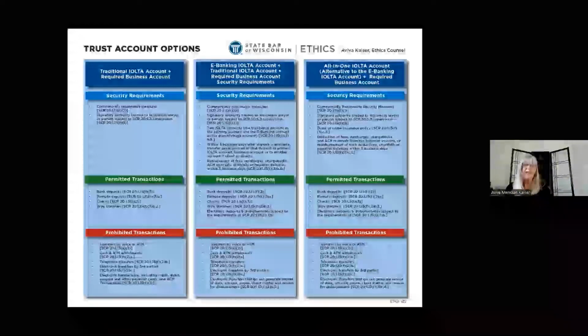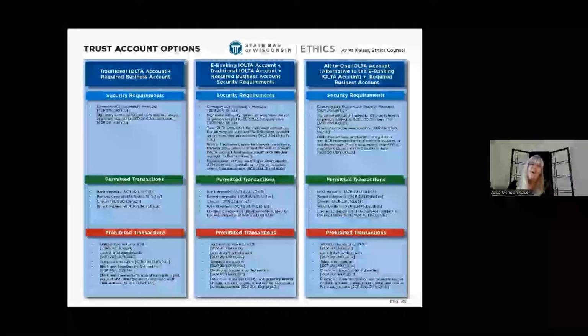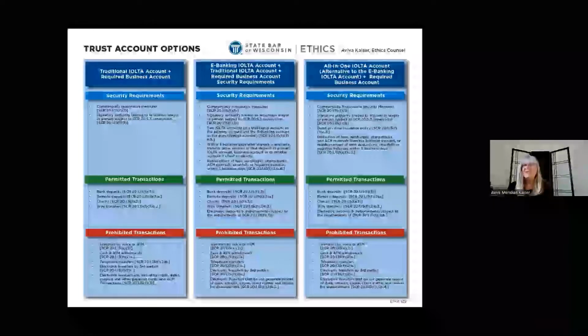They can choose the e-banking trust account, or they can choose the all-in-one or the alternative to the e-banking trust account. What this chart does is help the lawyer compare the security requirements for each of those accounts, what the permitted transactions are, and what transactions are prohibited from each of those accounts.